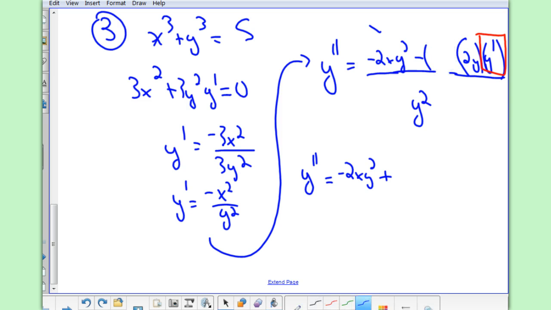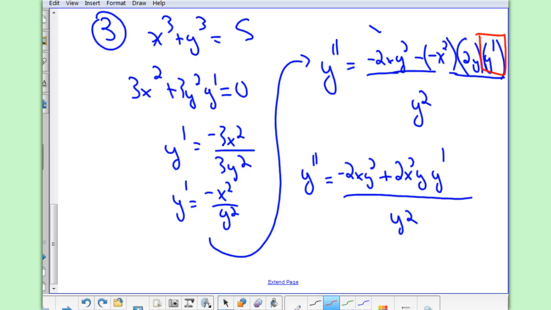So that was supposed to be f, which would be subtract minus x squared, right? So minus x squared times 2y y prime. So that would be positive 2x squared y prime all over y squared.